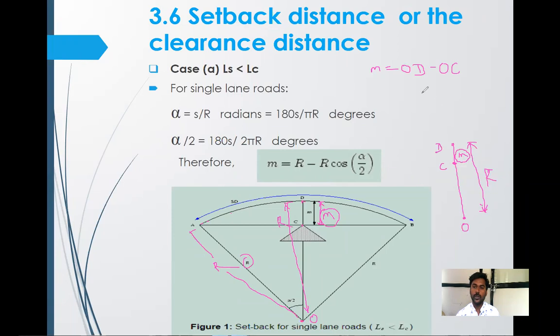Total distance OD minus this distance OC. What is OD? OD is nothing but the radius, minus we have to calculate the OC distance now. So see here, consider this triangle OCB. I will erase this part. It's very simple.